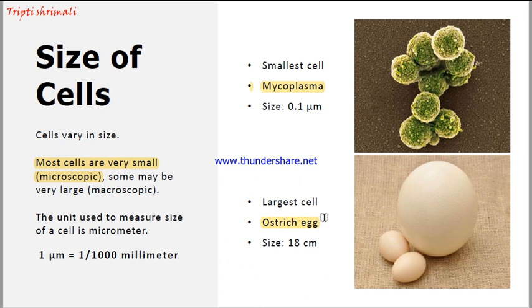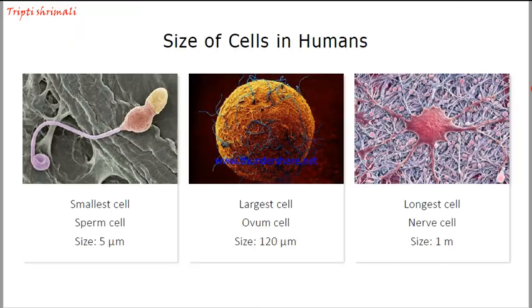So in this way, we know that the cells vary in size. They can be very small, they can be seen with the naked eye also, and most of the cells require a microscope to see.